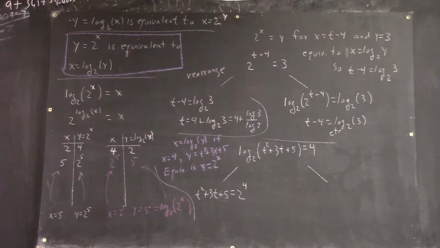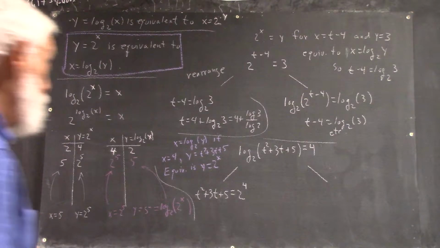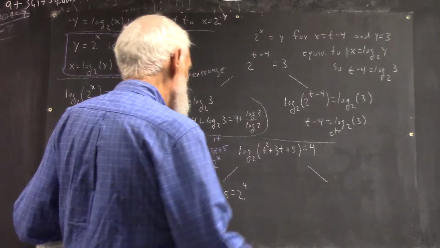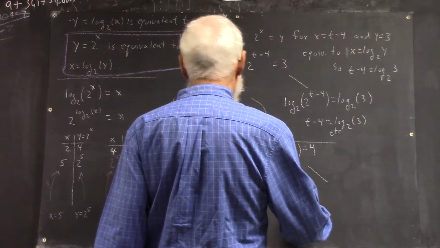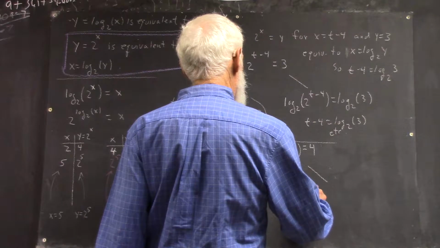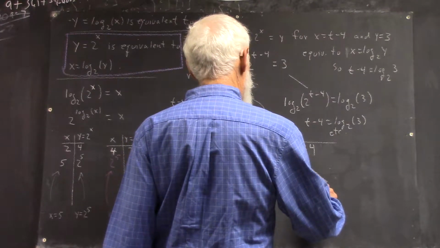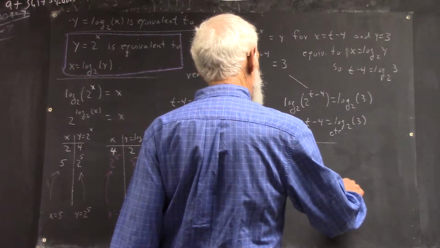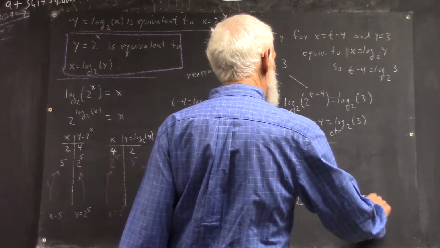Now the other thing you could do, the alternative way to get the same equation, is to say, okay, I'm going to do 2 raised to the log base 2 of t squared plus 3t plus 5 equals 4.